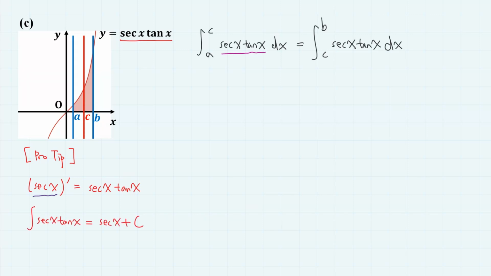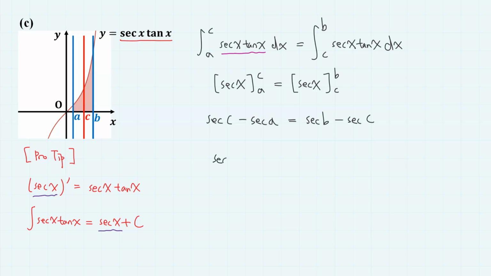So the antiderivative of secant x tangent x is just secant x. So we have secant c minus secant a equals secant b minus secant c, which gives secant c equals secant a plus secant b over 2.